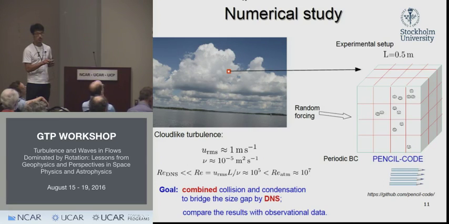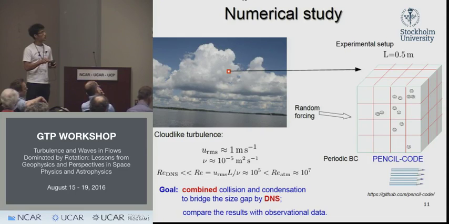And so here in our numerical simulation, we just study the collision events in the local area. We just take a small box with the size about 0.5 meters, and then we drive the turbulence by random forcing with periodic boundary conditions, so that we don't have any cloud droplets lost in our simulation.